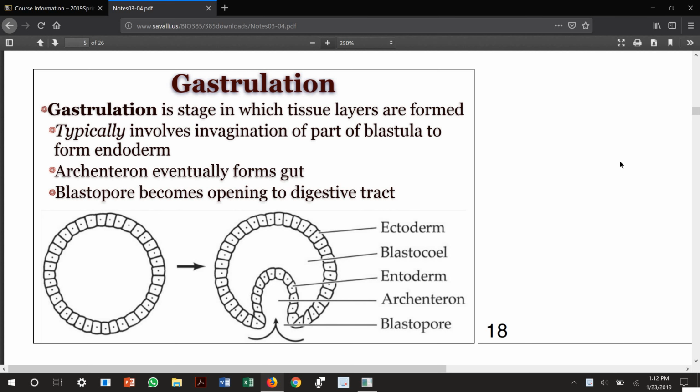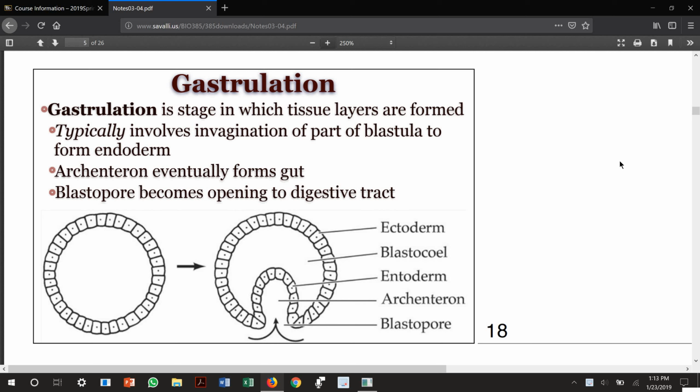But the typical gastrulation, where you start with that hollow blastula, is that you have an invagination. Some of the cells at one end push inwards. So imagine taking a balloon and sticking your finger into it, not so that you pop it, but so that it indents. And so you form this indentation here.